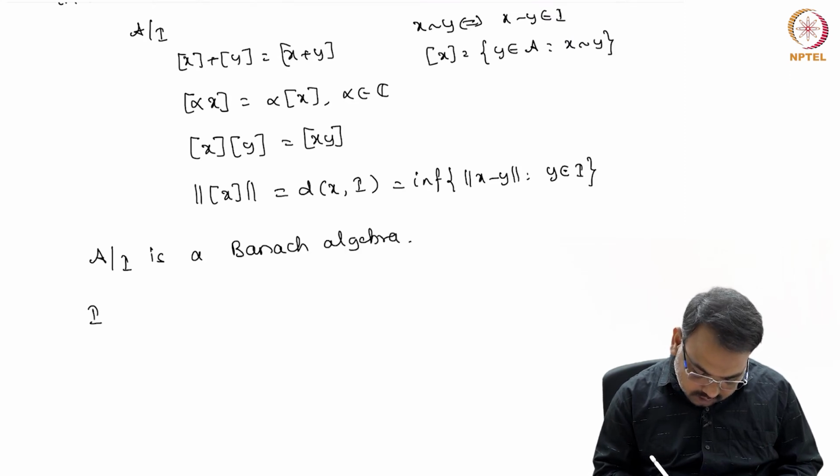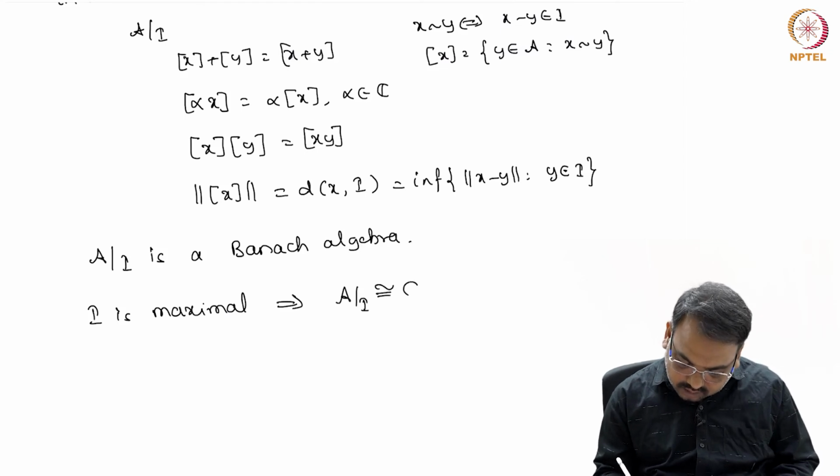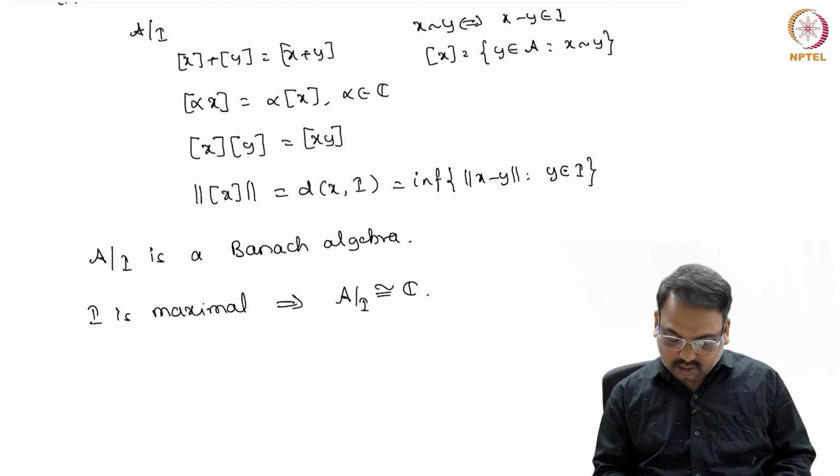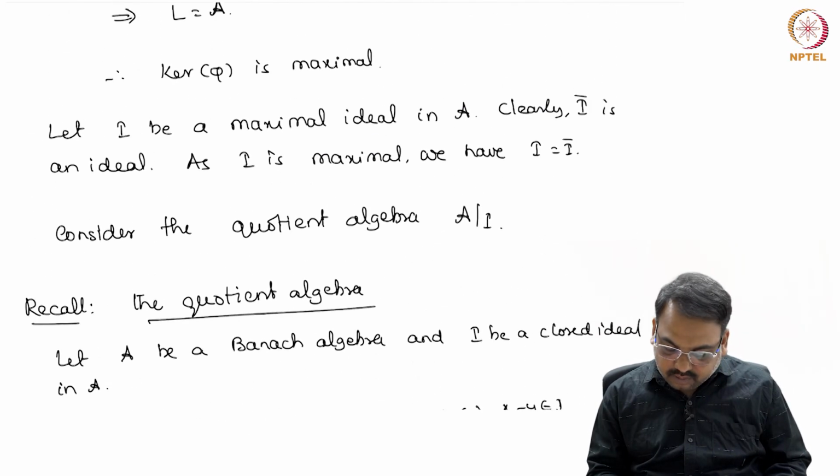If I is maximal, we can conclude that A quotient I is isomorphic with the field C. So in our case, we have a maximal ideal.